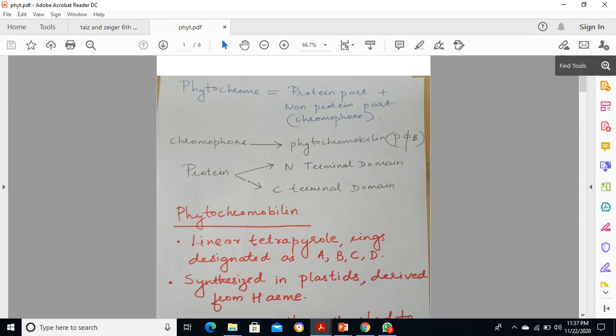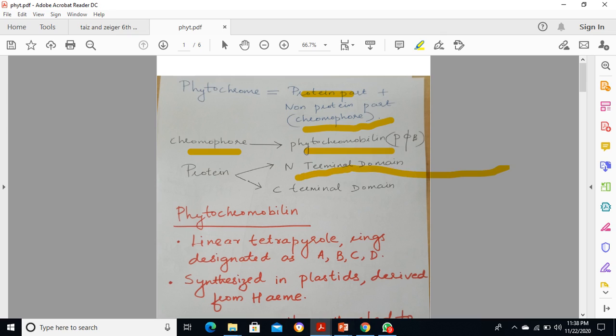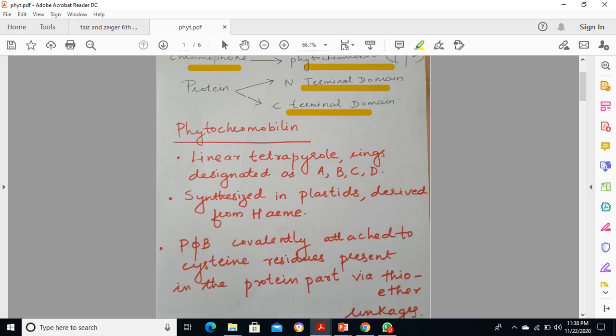As I said, this phytochrome, like all photoreceptors except UV-A receptors, contains a protein part as well as a light-absorbing chromophore, isn't it? So when we consider the chromophore, the phytochrome chromophore is called phytochromobilin. It is represented by PΦB. Now the protein part contains an N-terminal domain as well as a C-terminal domain.